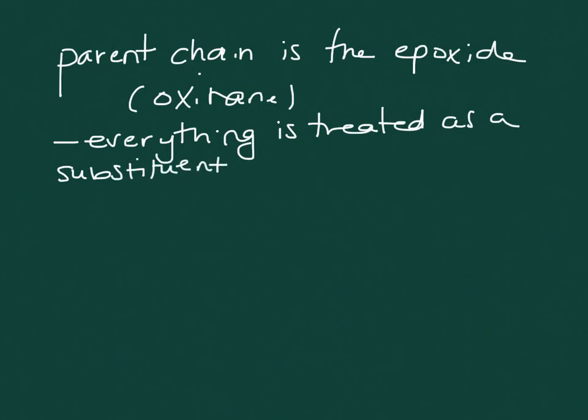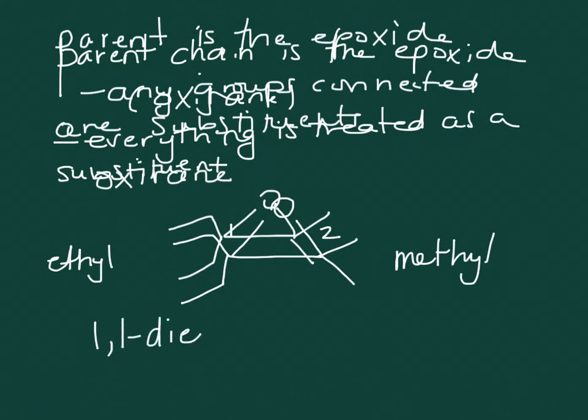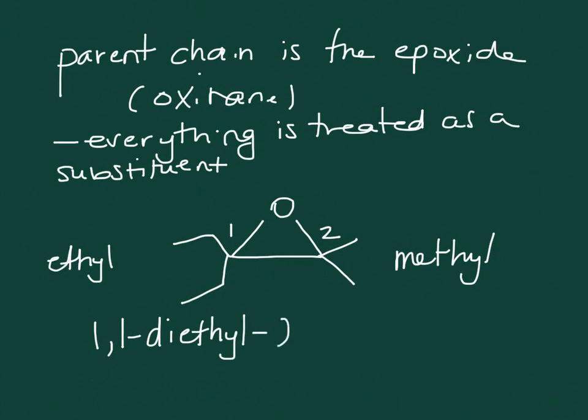So if we were to look at the example from the previous slide and name it according to the second rule, 1, 2. Okay, this one is the one, because they're ethyl substituents and they come first alphabetically over methyl. So it would be 1,1-diethyl, 2,2-dimethyl oxirane.